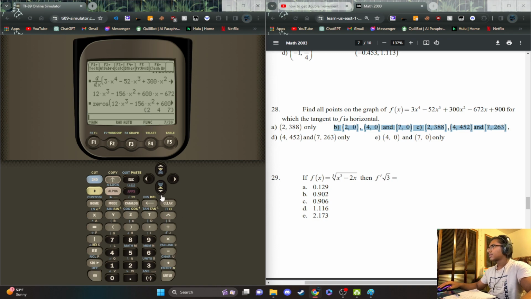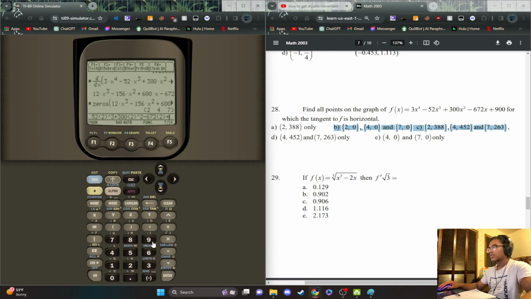So one of the zeros is 2, right? So you have 3 times 2 to the 4th power minus 52 times 2 to the 3rd power plus 300 times 2 to the 2nd power minus 672 times 2.